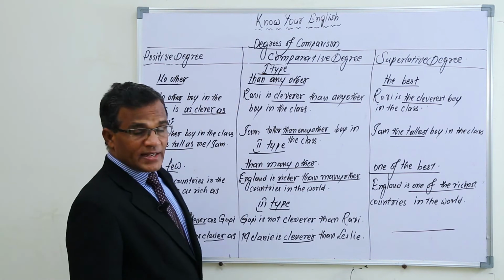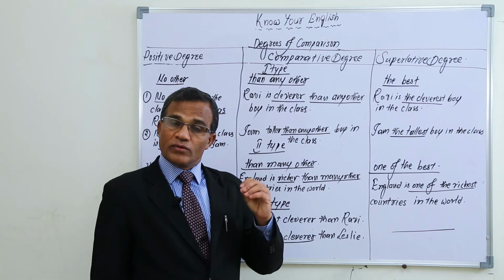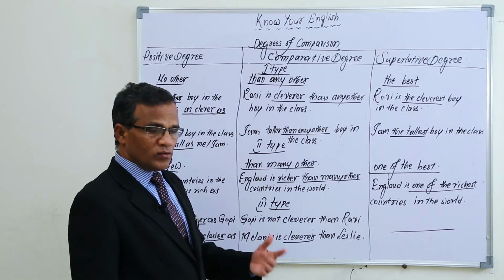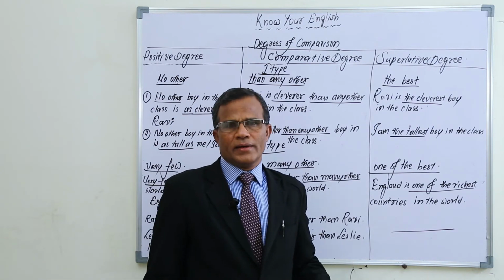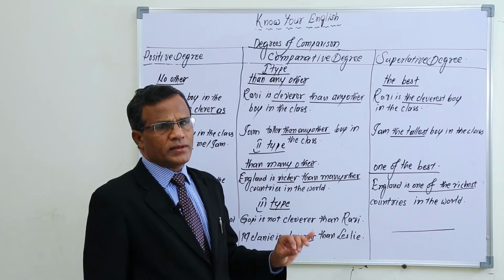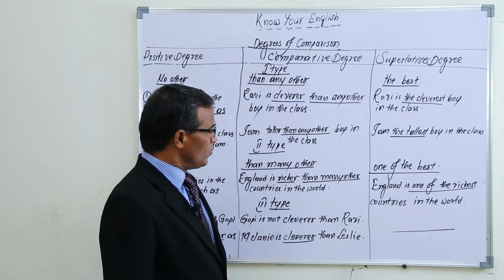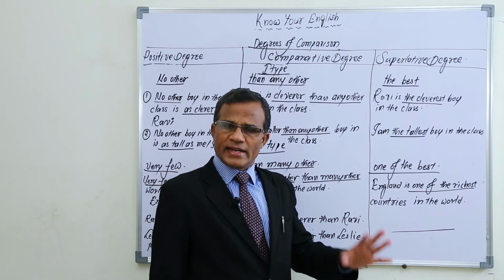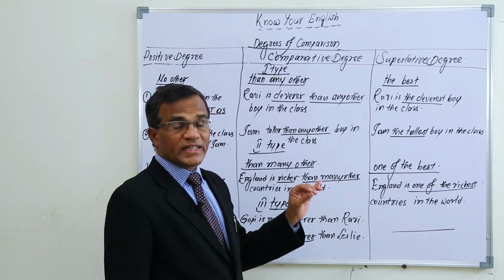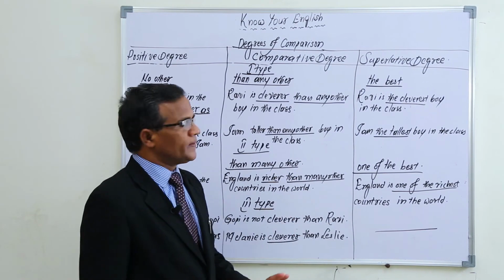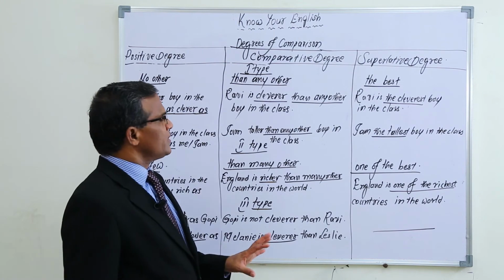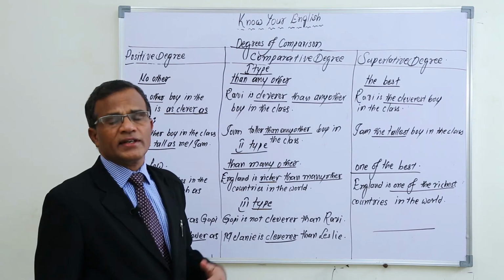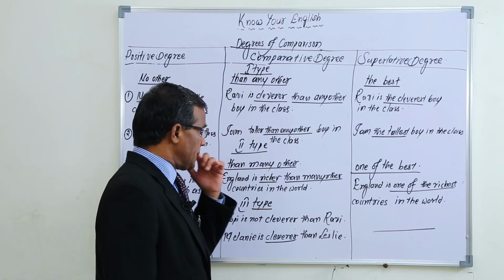In positive degree sentences, we see only positive degree forms of adjectives or adverbs. In comparative degree sentences, we see comparative degree forms of adjectives or adverbs. In superlative degree sentences, we find superlative degree forms of adjectives or adverbs. But in our day-to-day life, we find generally three types of sentences in degrees of comparison.